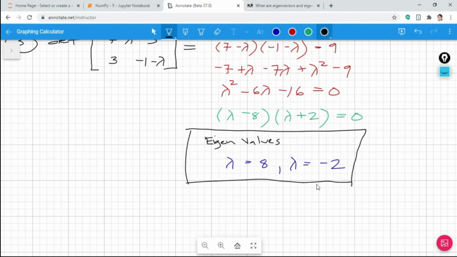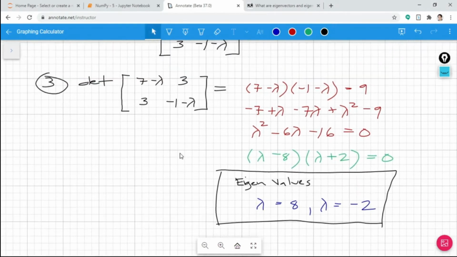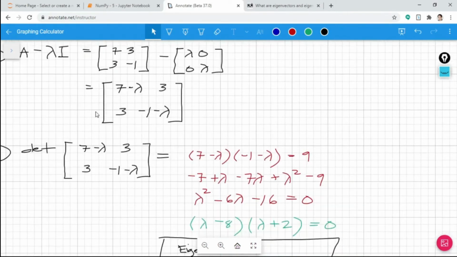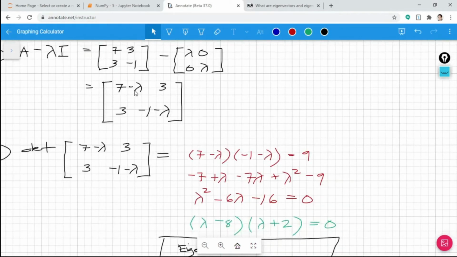So next, we find their specific eigenvectors. How to find the specific eigenvectors of this one? You substitute the specific value to this equation. So 7 minus lambda will become 7 minus 8, and we'll go from there.